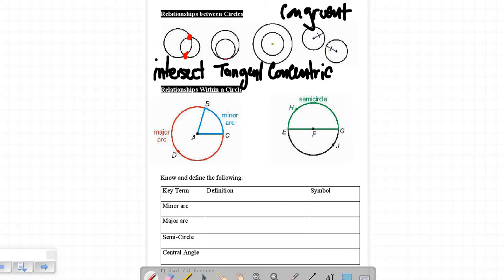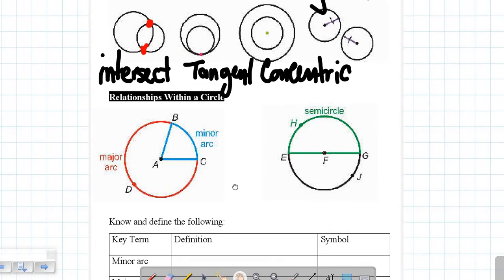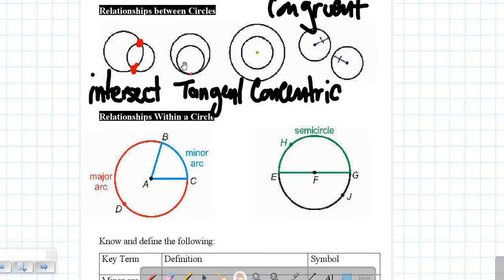These circles here are tangent, which means they only touch at one point. Tangent, they touch at one point. Concentric, they share the same center exactly, like a target. And of course, congruent, the definition of congruent circles is all they have to do is have congruent radii. Automatically, if you have congruent radii, you have congruent circles.